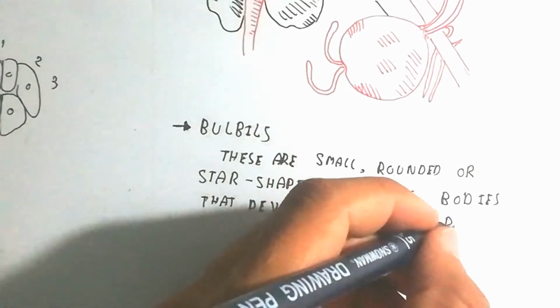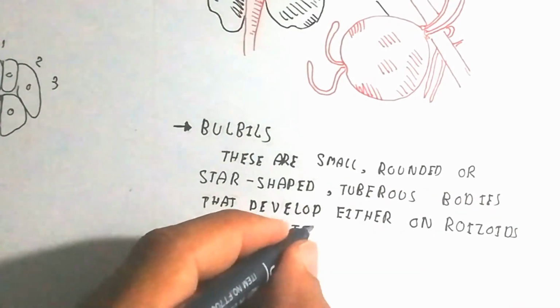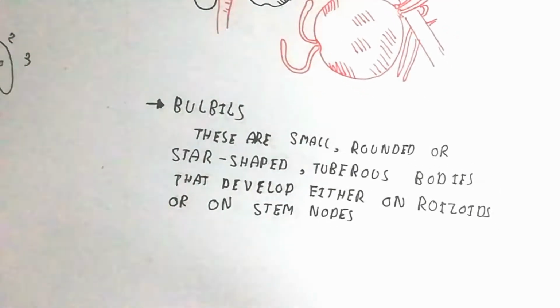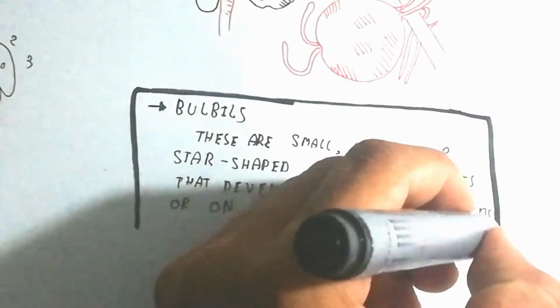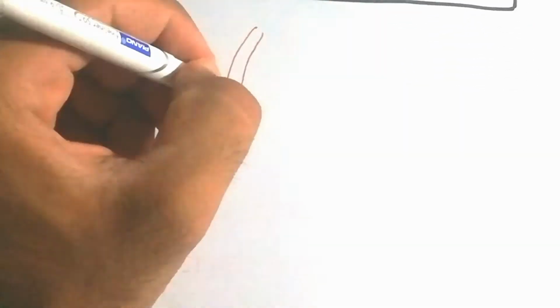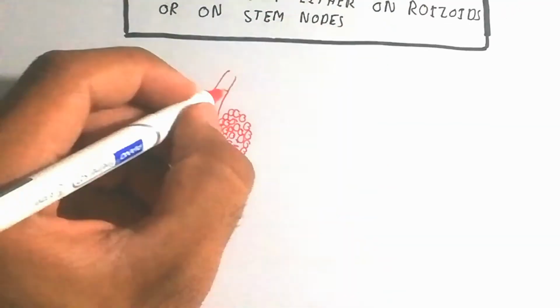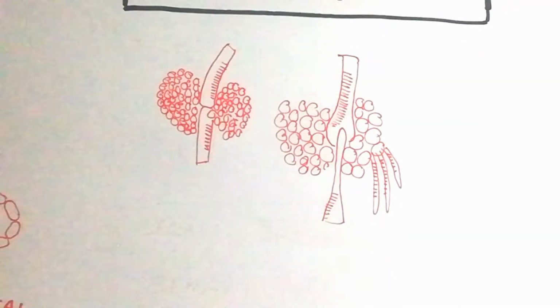The nodes are what develop these bulbils. The bulbil is very important, as it detaches from the plant and grows again into the same plant, which is the daughter plant coming from the parent plant by asexual vegetative reproduction.